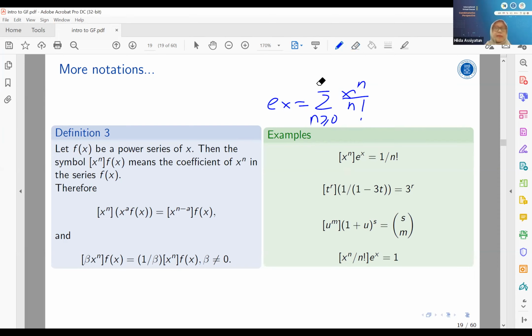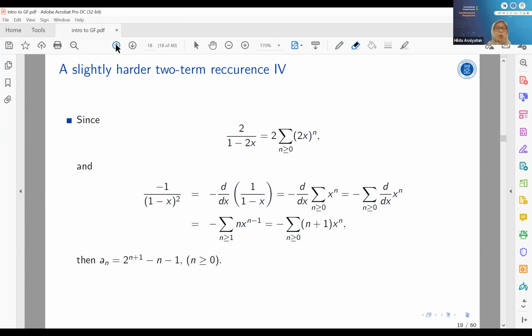Maybe she is referring to the previous definition.